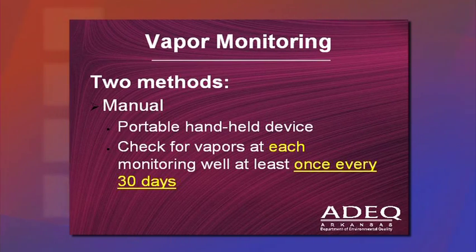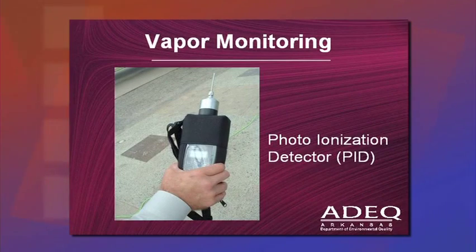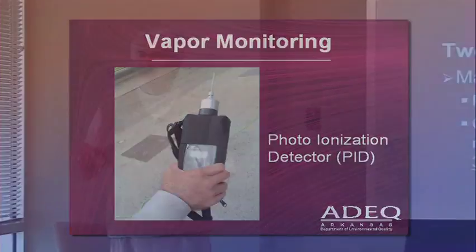One is a portable handheld device. You go to each one of your vapor monitoring wells and stick the PID, the photoionization detector, down into each well. It pulls an air sample out, and if it detects vapor from gasoline, it works just like a Geiger counter. It'll peg out, and you can hear it click, click, click.